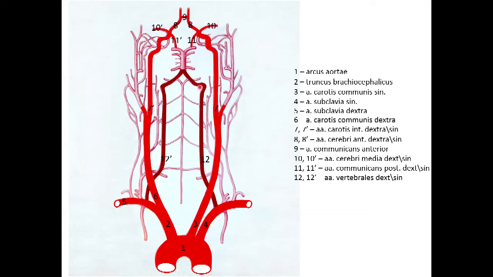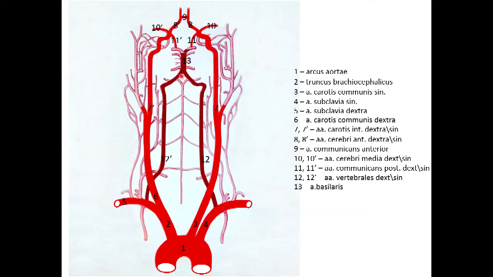Because this vessel originates from arteria subclavia, another basin, and number 12 is arteria vertebralis, which passes through the canal inside the transverse processes of the cervical vertebrae, and they contact each other in the middle as number 13, arteria basilaris.